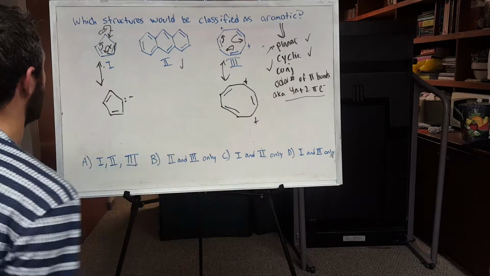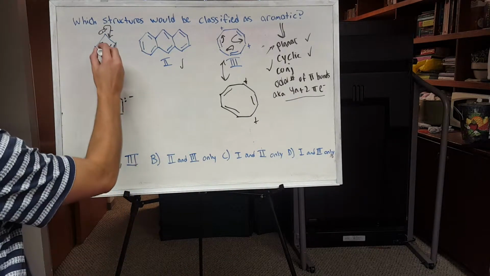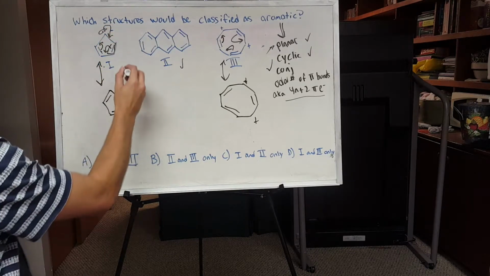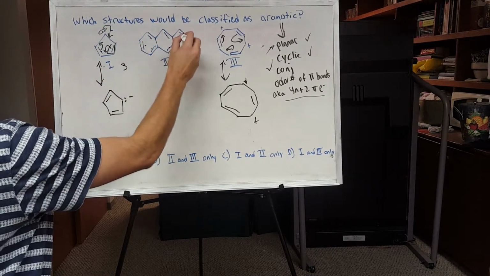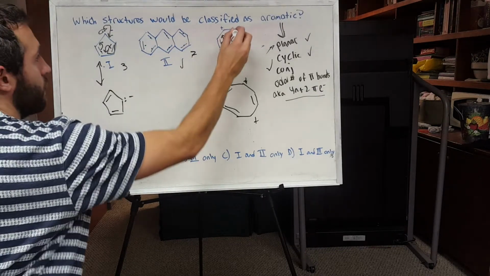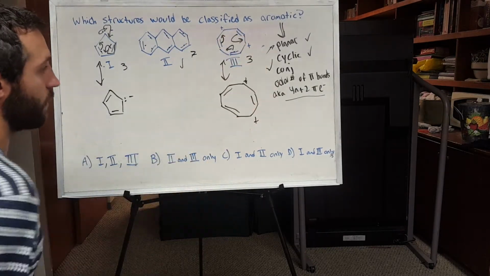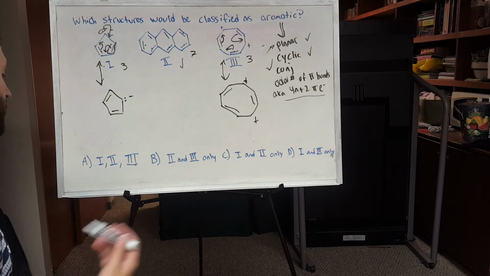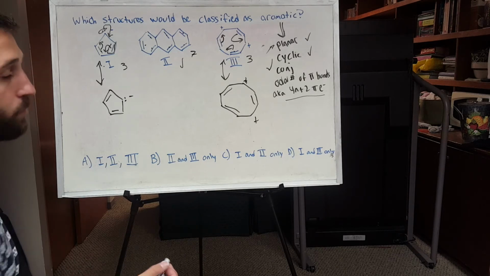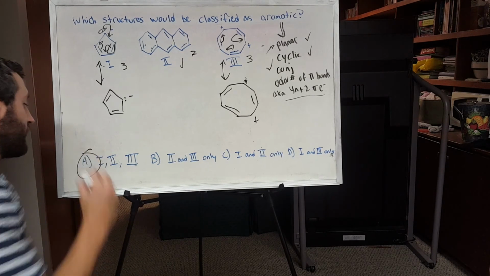Or you can use, right, the integer rule. But, right, we got 1, 2, 3 here. We got 1, 2, 3, 4, 5, 6, 7. We got 1, 2, 3 here, right? So they all have an odd number of pi electron pairs, I should say. Probably the most appropriate way to call it. So that's A. Okay.